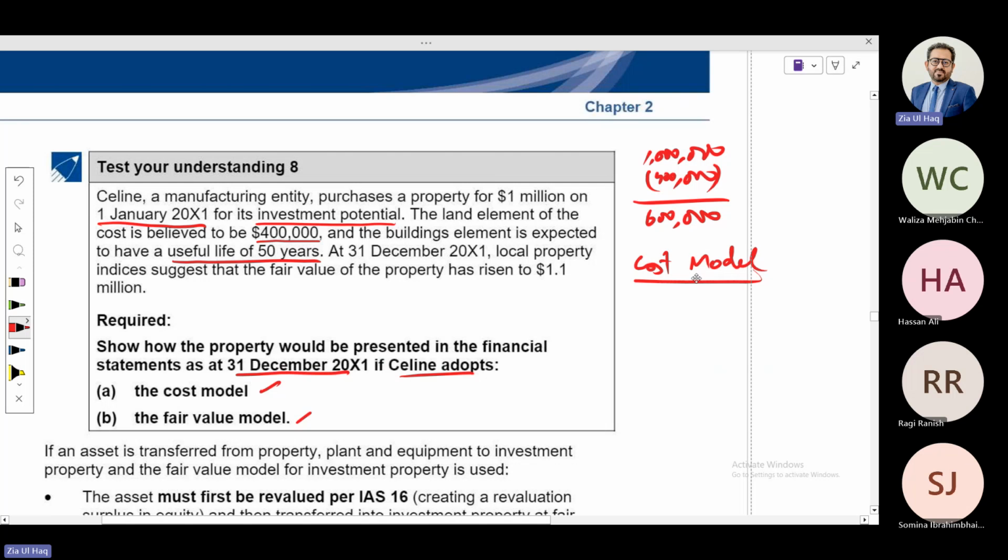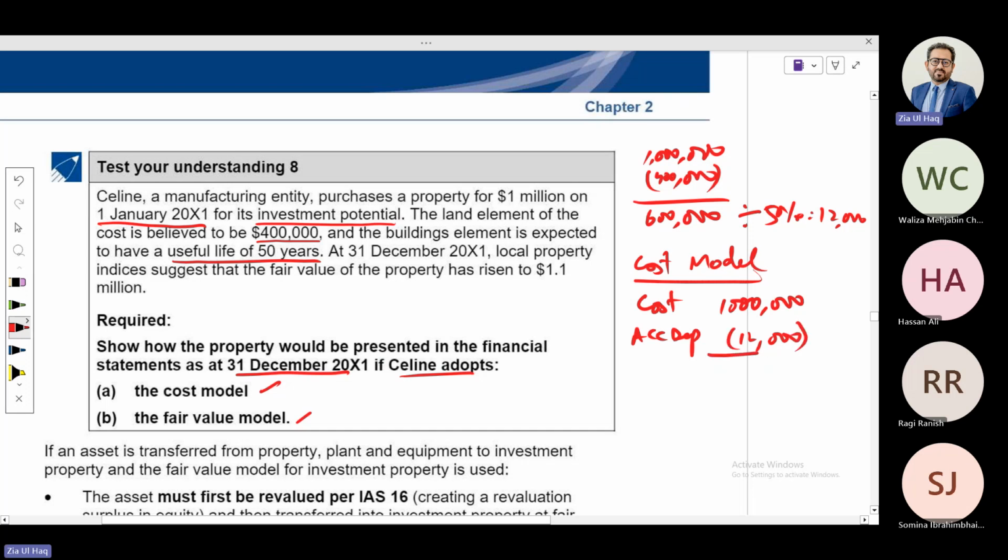So property cost is what? 1 million. We need to deduct accumulated depreciation. How much accumulated depreciation? This 600,000 divided by 50 years, 12,000. So 12,000 will be eliminated.